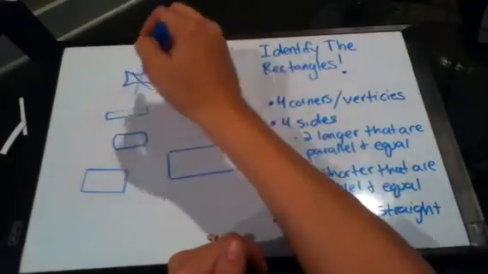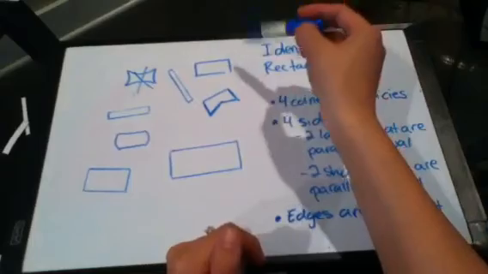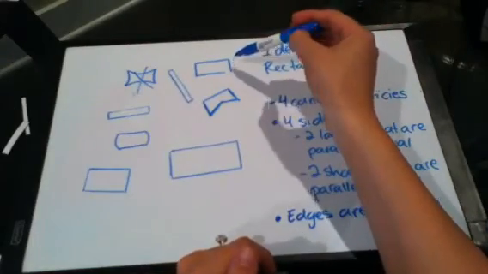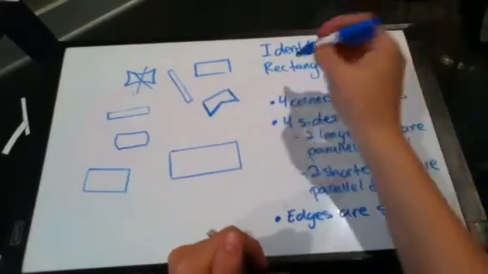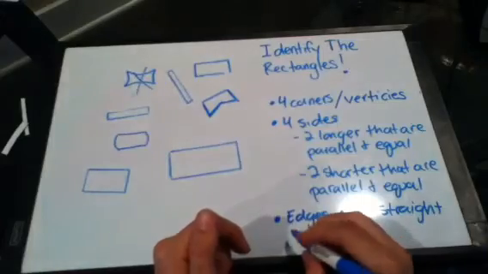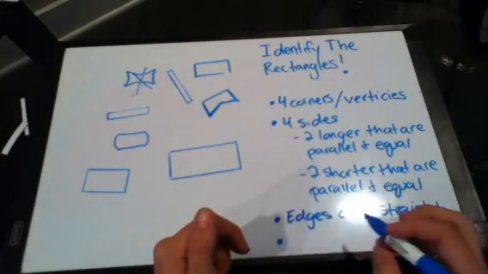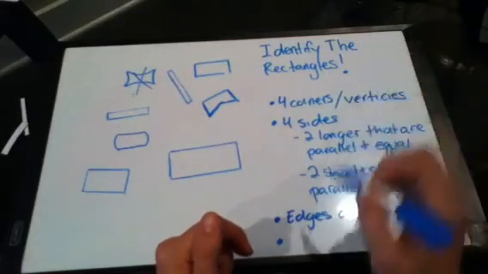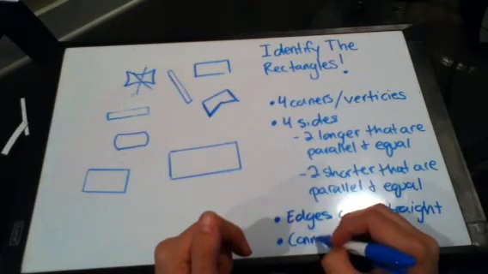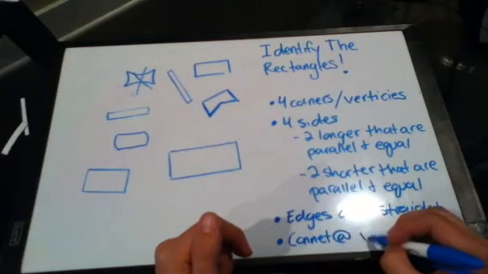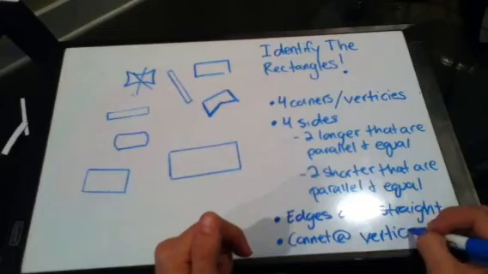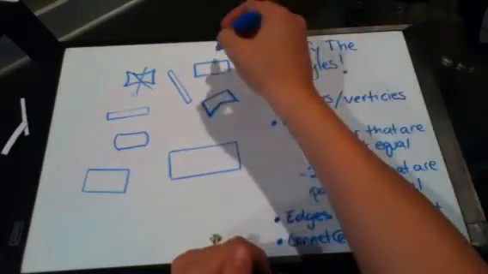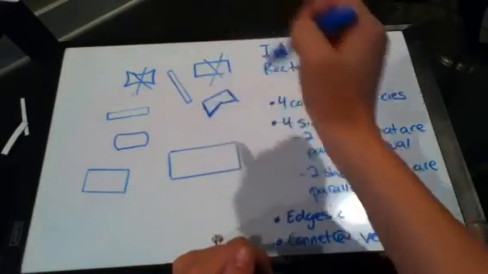So that one's out. So we can X that one out. This one looks a lot like a rectangle, but the sides don't connect. So another thing they need to know is that the sides connect at the vertices. Okay, so this one's out because it has that little space right there.